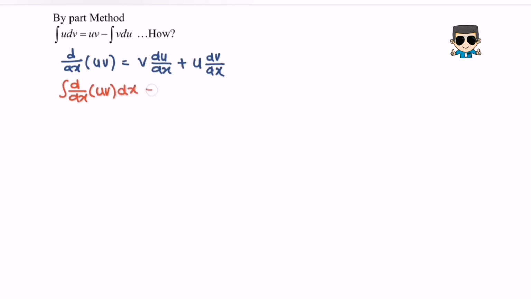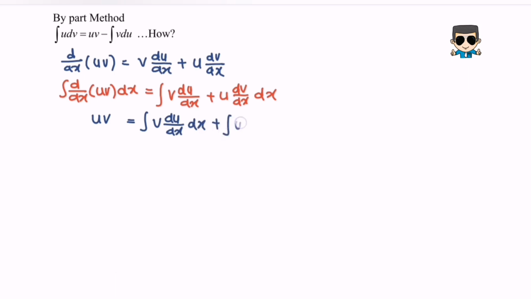Same goes to the right hand side where we have integrate v du dx plus u dv dx with respect to x. Kindly split the situation and we will have uv equals to integrate v du dx with respect to x plus integrate u dv dx with respect to x.